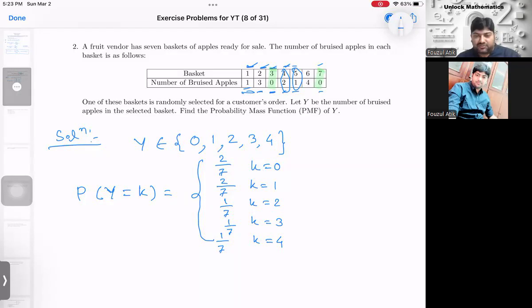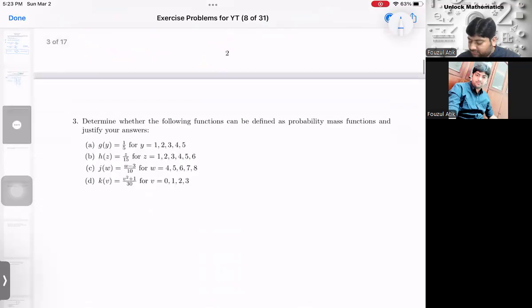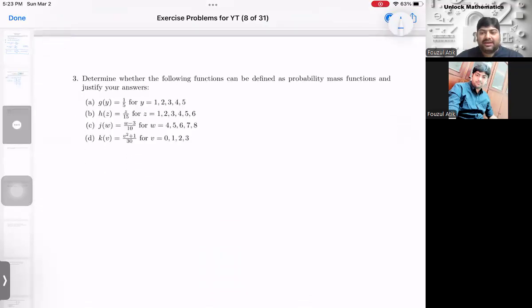Okay, let me move to the next example. Determine whether the following function can be defined as a probability mass function and justify your answer. So we have some function given with some values, and we have to identify whether it can serve as a probability mass function of some random variable.